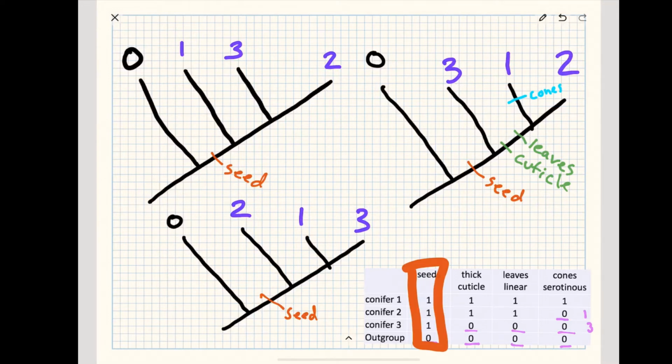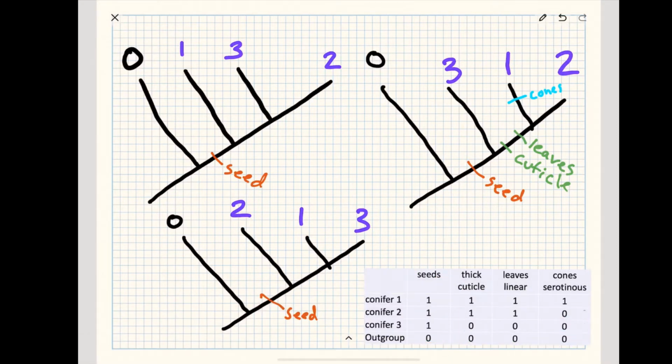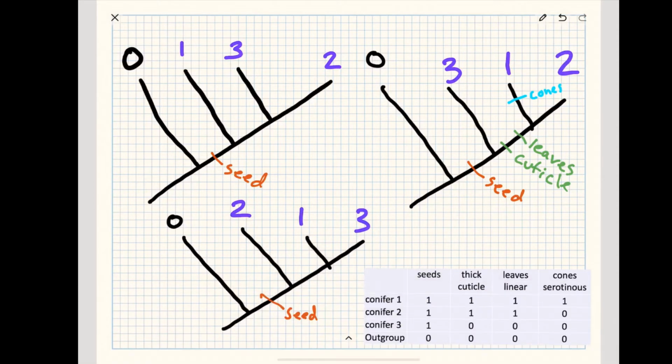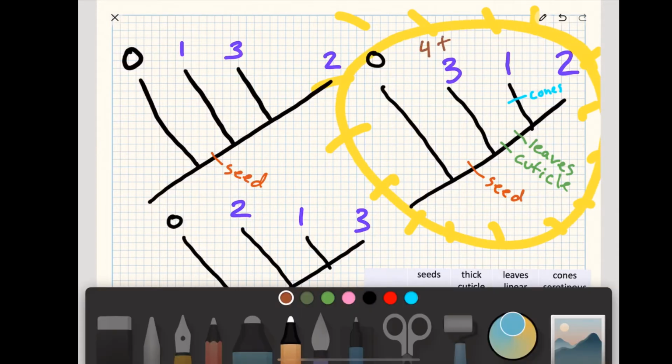But serotinous cones is only present in taxon number 1, the conifer number 1. So this is our completed, most parsimonious cladogram. The most parsimonious cladogram has 4 total changes, as represented by these 4 colored hash marks on the cladogram.